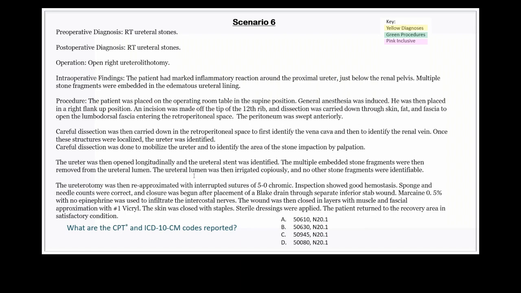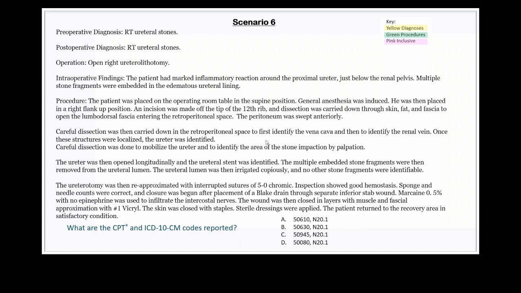Once these structures were localized, the ureter was identified. Careful dissection was done to mobilize the ureter and to identify the area of the stone impaction by palpation. The ureter was then opened longitudinally and the ureteral stent was identified.